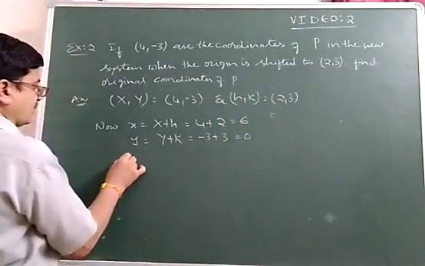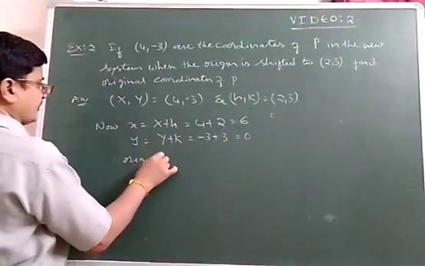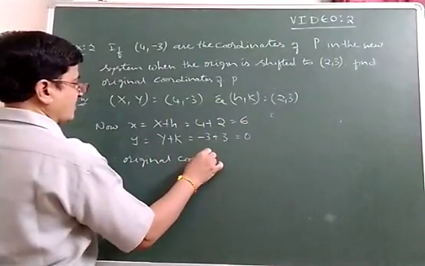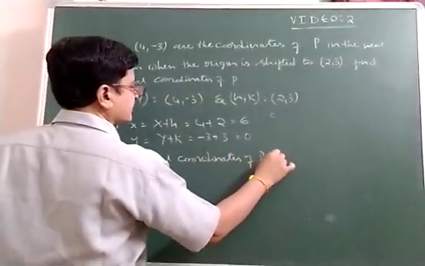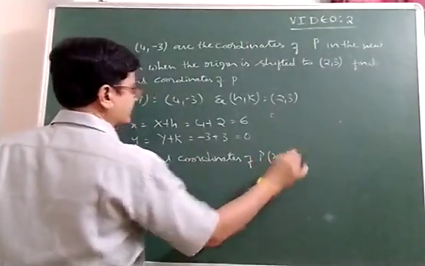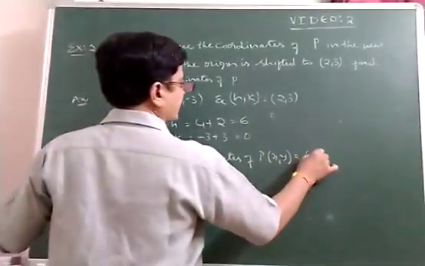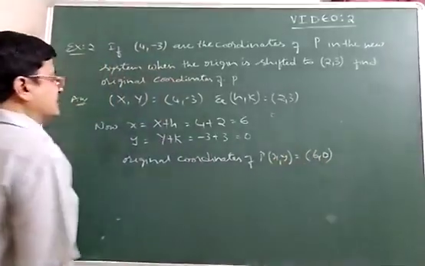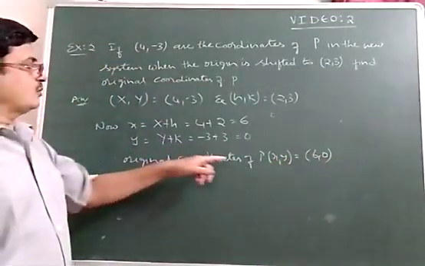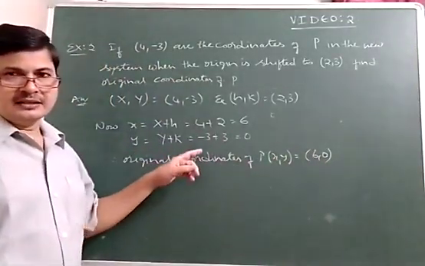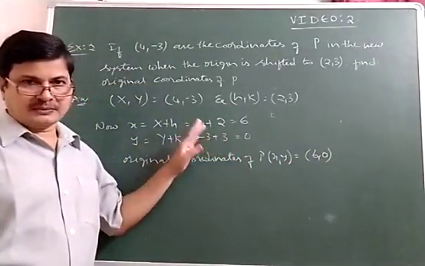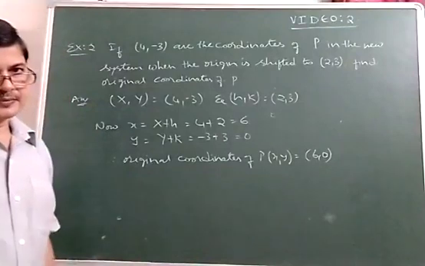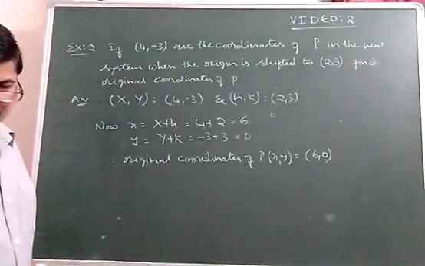Therefore the original coordinates of P, x comma y, is equal to 6 comma 0. This is the procedure for finding the original coordinates of P.